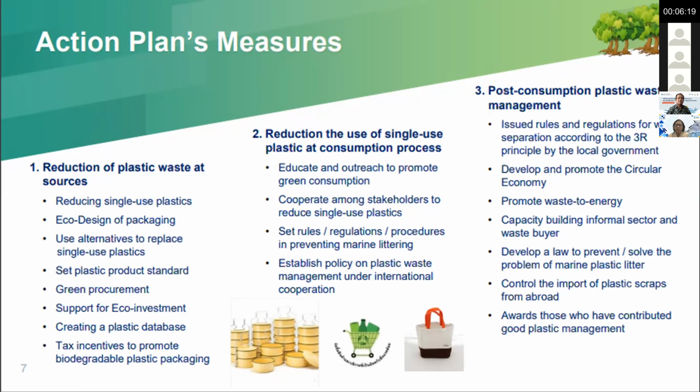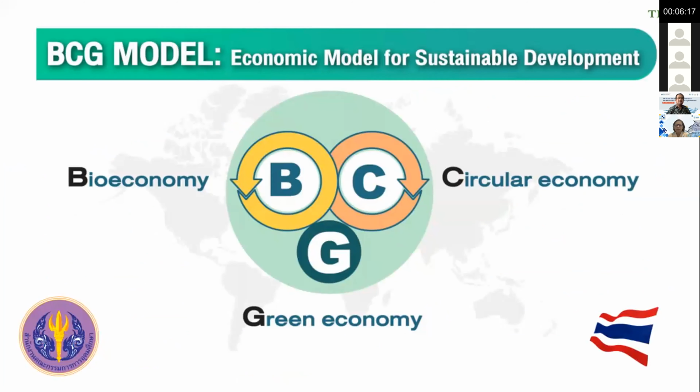The government also strongly promotes a new economic model known as the BCG model. B stands for bioeconomy, C stands for circular economy, and G stands for green economy.